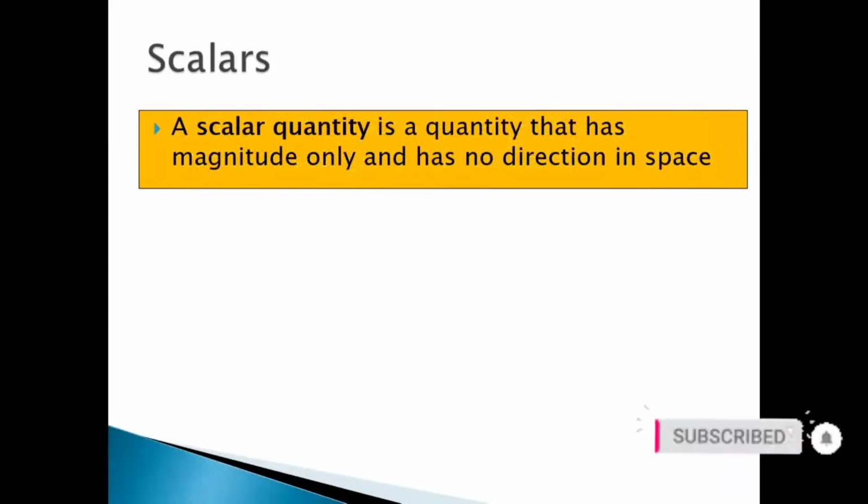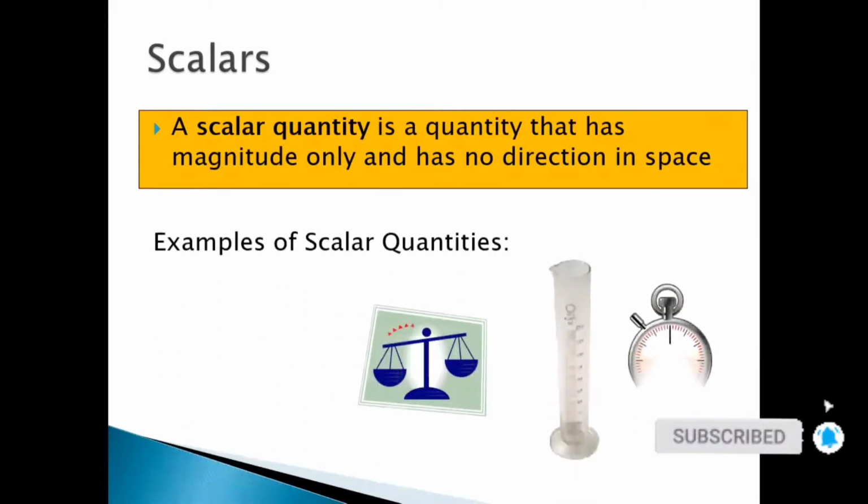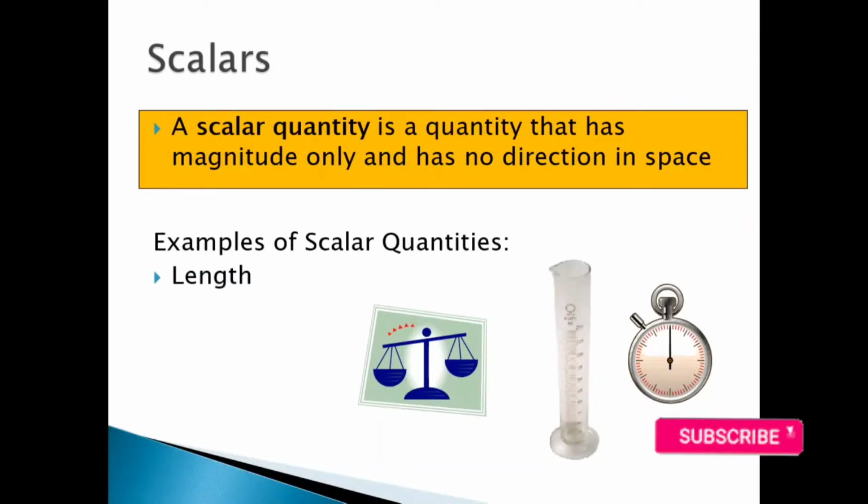Scalars are quantities that have magnitude only and have no direction in space. So what are those quantities which are scalars? We have here some examples. Length, for example 2 meters, 100 centimeters, 12 inches, 2 kilometers distance.